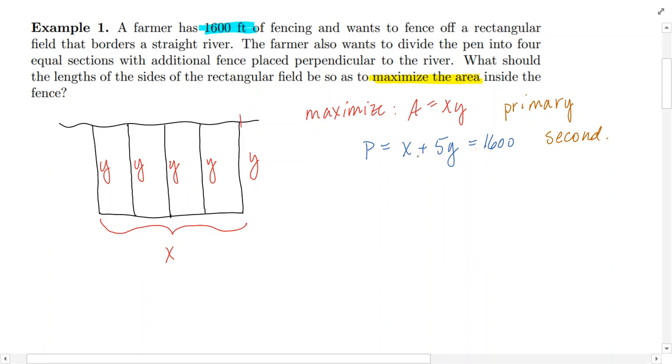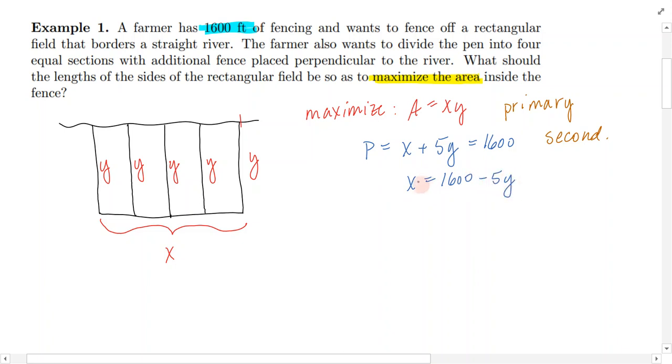What I ultimately want to do is rewrite this secondary equation in terms of one variable so that I can substitute it into the primary equation. So I am going to rewrite X plus 5Y equals 1600 by solving for either X or Y. And we can see that it would be easiest to solve this equation for X. So I'm going to say X is equal to 1600 minus 5Y.